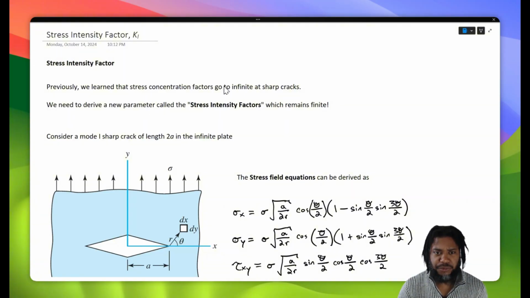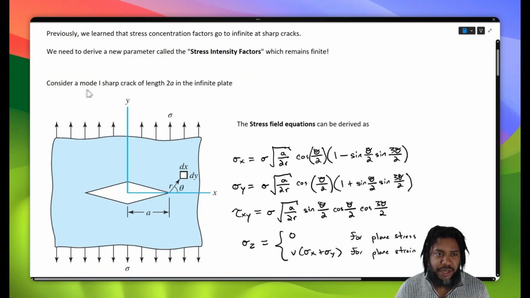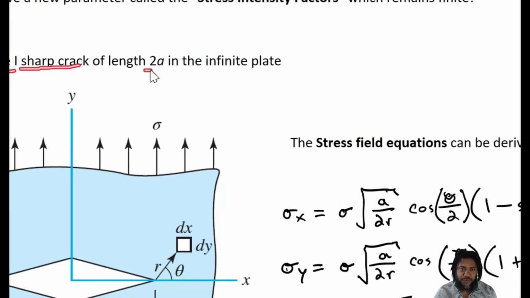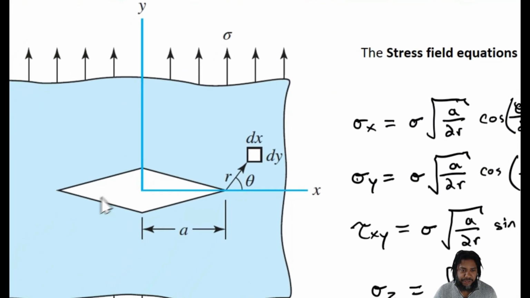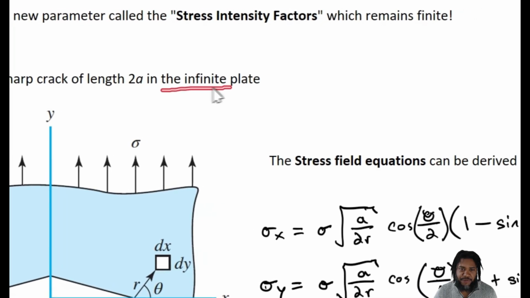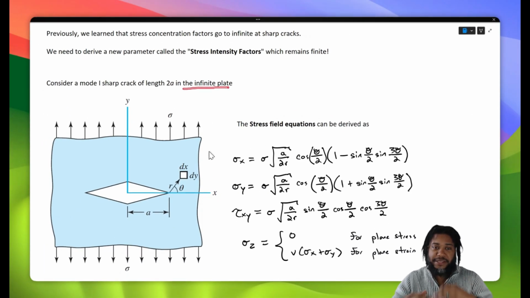Now, to derive this parameter, let's consider the case of a mode 1 sharp crack of a length 2a in an infinite plate, meaning the plate is infinitely long as well as infinitely wide.